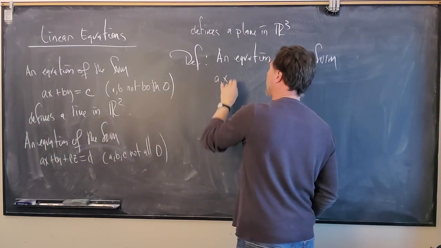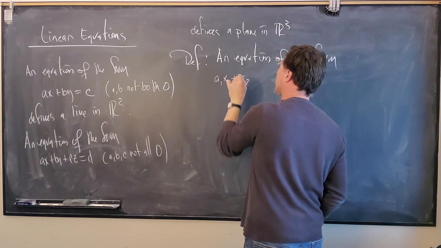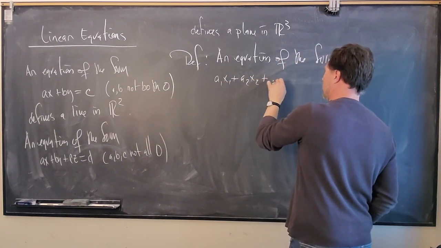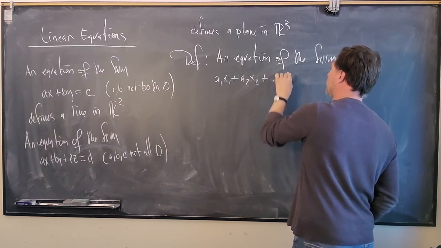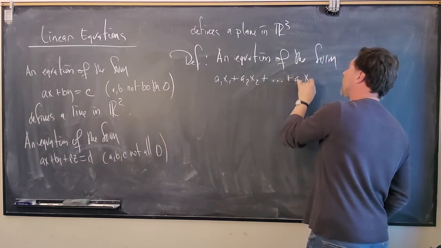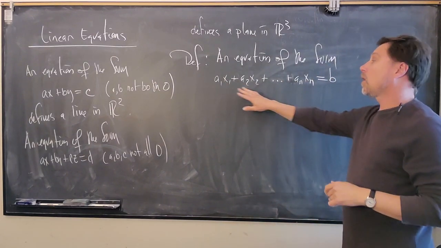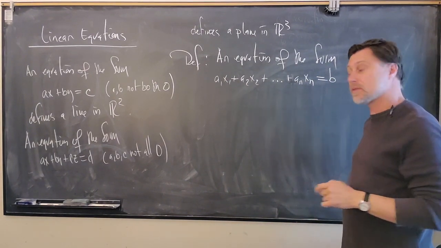a1 x1 plus a2 x2 plus ... plus a sub n x sub n equal to b, right? Where I don't want all of these a sub i's equal to 0.